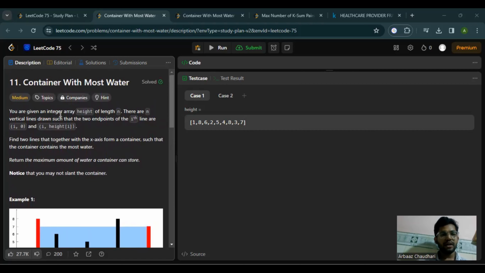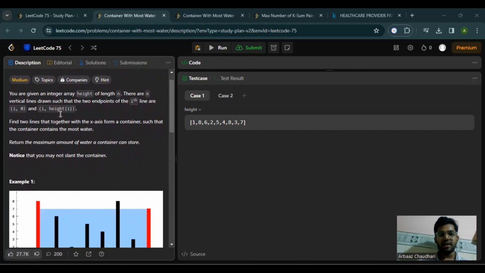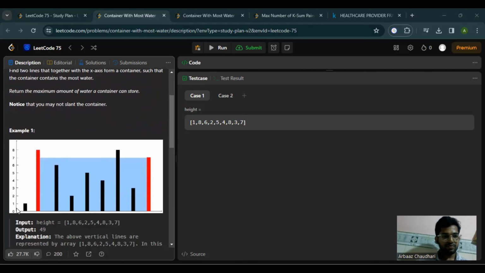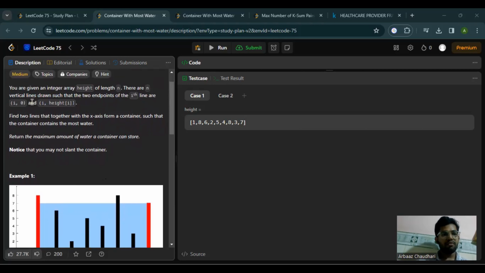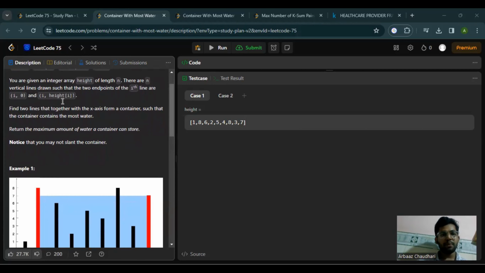You are given an integer array heights of length n. So these are all the heights which are given. This is the first height. This is the second, which is 8, then 6. There are n vertical lines drawn such that the two endpoints of the ith line are (i, 0) and (i, height[i]).